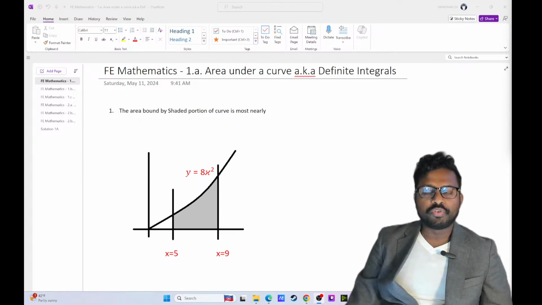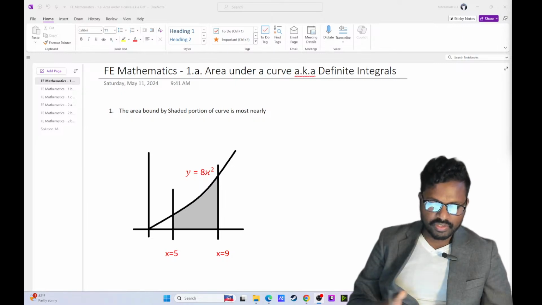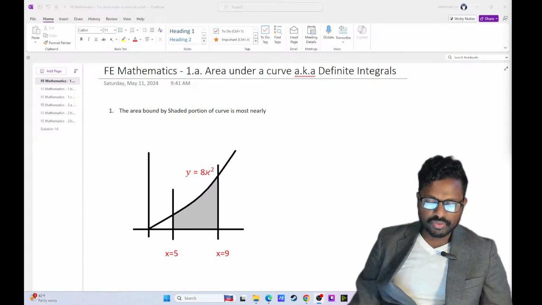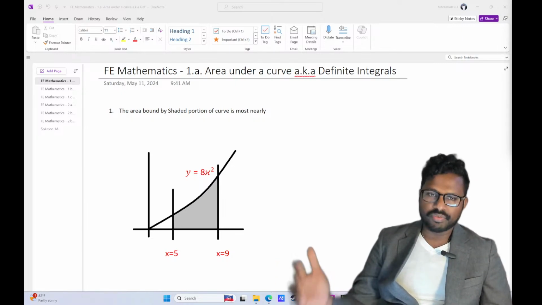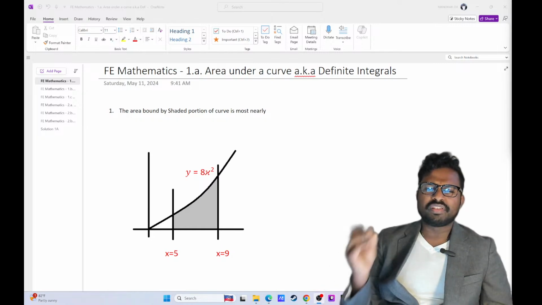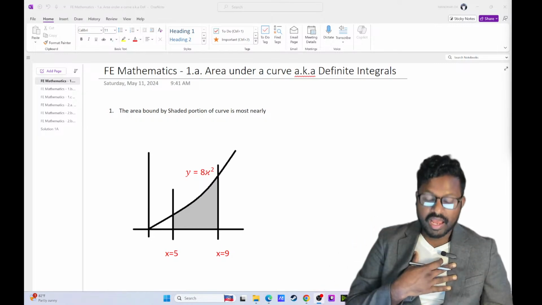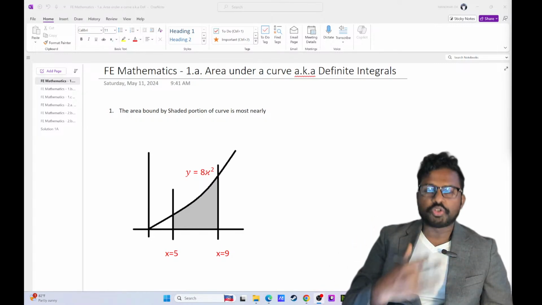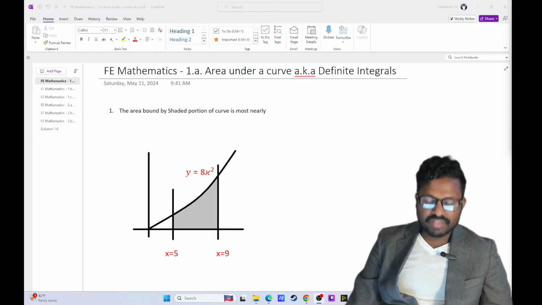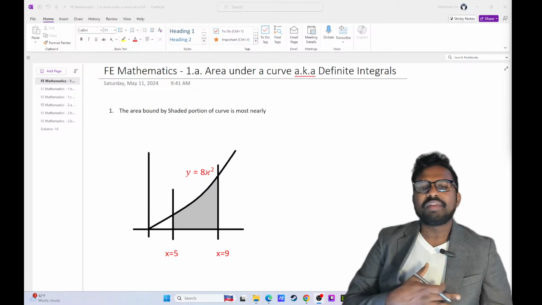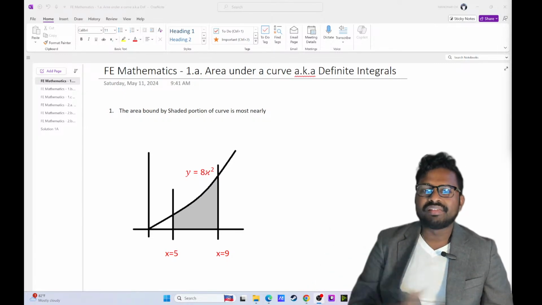Now they want you to find the area of the shaded part that you see over here, the gray. So area A, that is what you have to find. One of the simplest ways I'm going to tell you to solve this problem by yourself is to find the indefinite integral of the equation y within the upper and lower limits. That is the simplest way to find it. So try it by yourself and I'll see you in the next video.